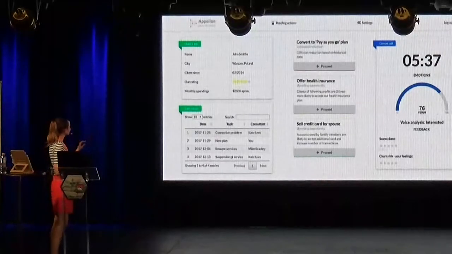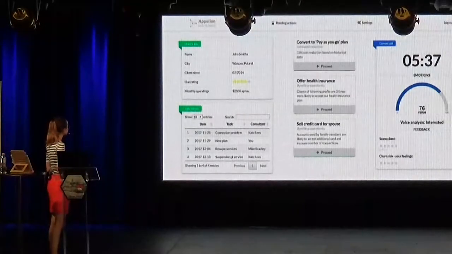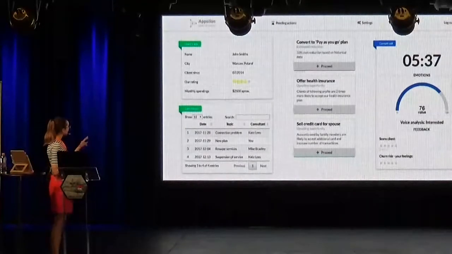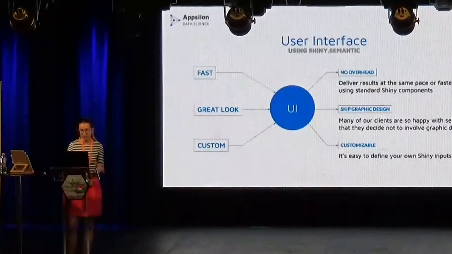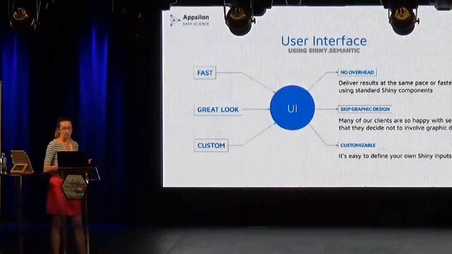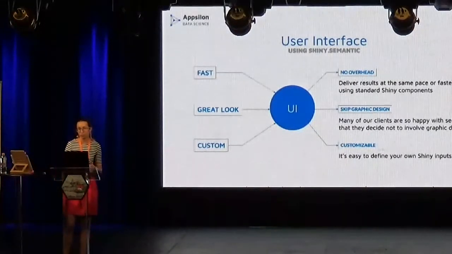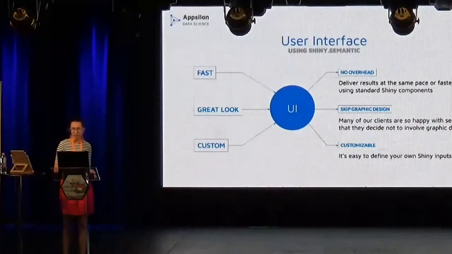Those yellow points are actually stars, so the rating components, and in the middle we have an example of cards. Basically, Shiny Semantic allows you to deliver results at the same pace as using Shiny.